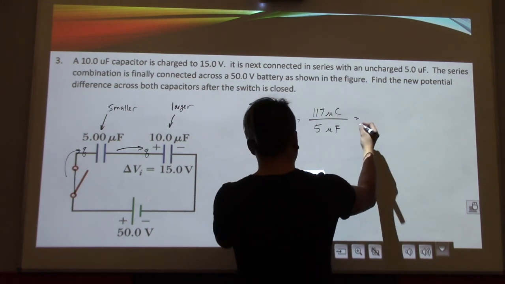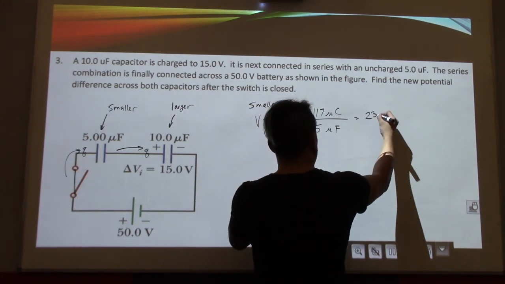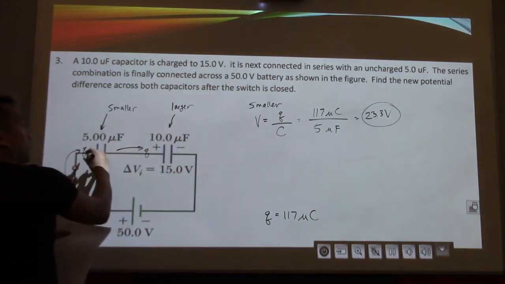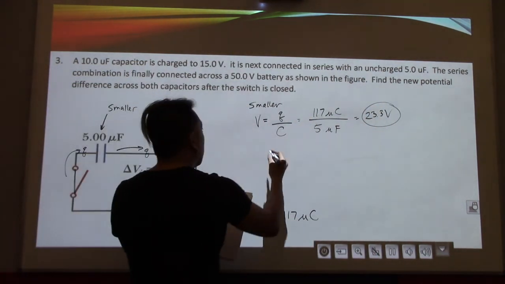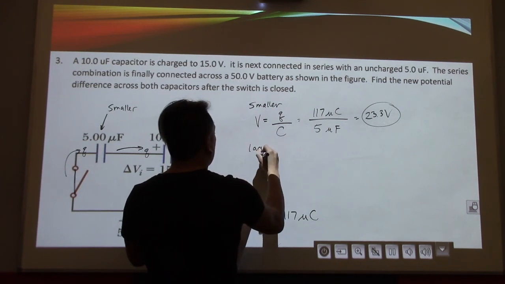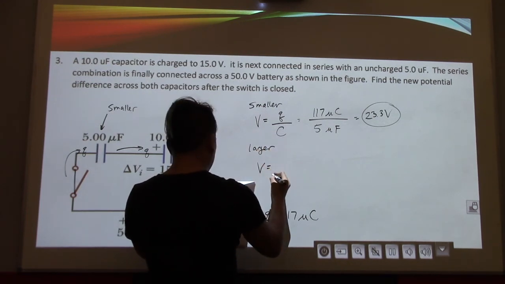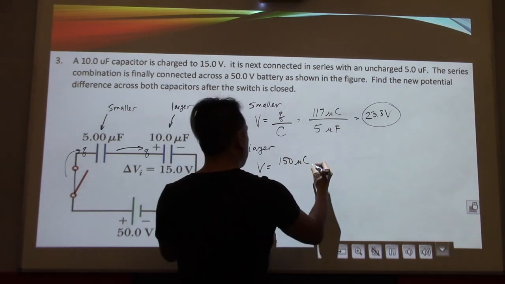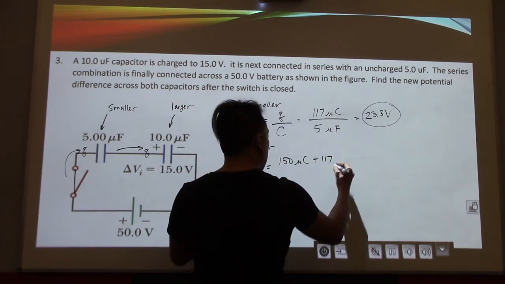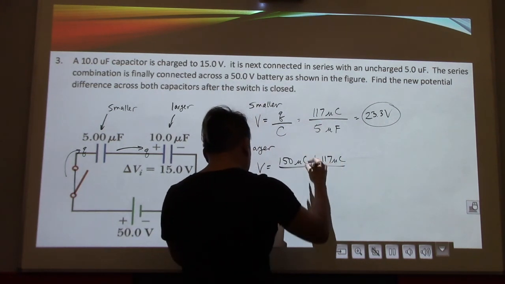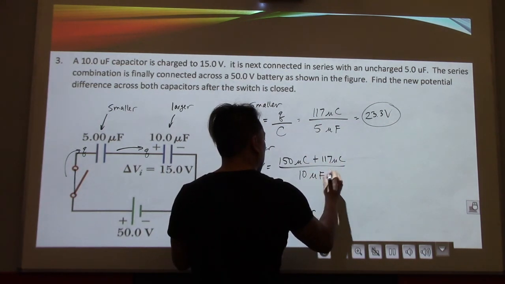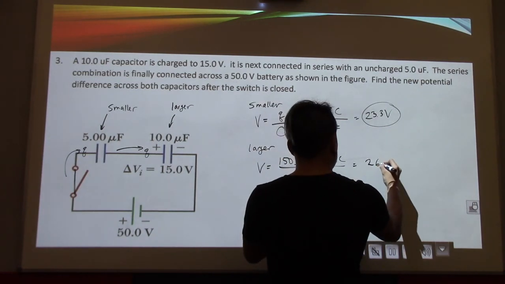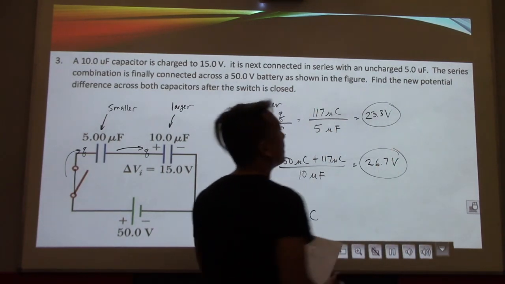The micros cancel, we get 23.3 volts. That's going to be the voltage across the smaller one. And then, for the larger one, voltage equals 150 microcoulombs plus 117 microcoulombs. Add them over 10. It's going to end up equaling 26.7 volts.